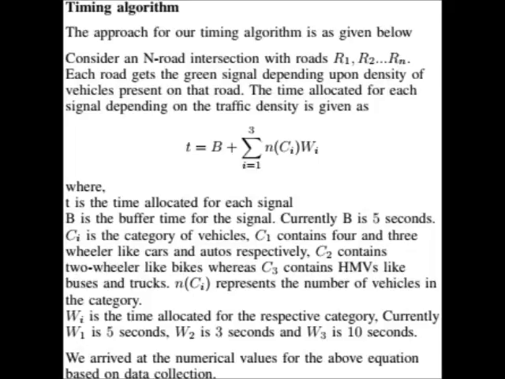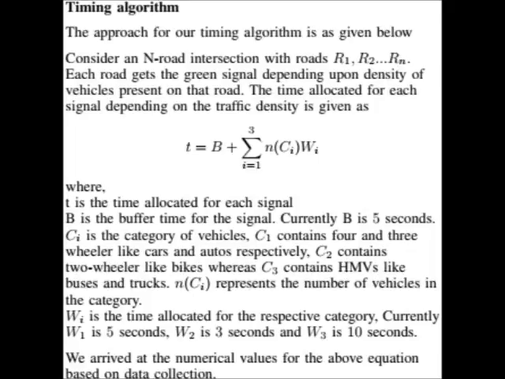In this algorithm, we had decided to divide the vehicles into 3 subcategories. Category 1 contained 4 and 3 wheelers, like cars and autos respectively. Category 2 contained two-wheelers, and Category 3 contained heavy motor vehicles like buses and trucks. For each category we had assigned a different wait time.